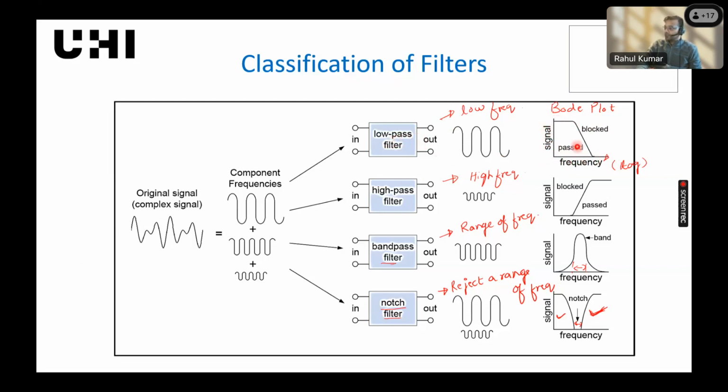So a low pass filter, it will allow all the low frequencies with same amplitude. You can see. Okay. So these are the different frequencies which it is allowing low frequencies to pass, and they have the same amplitude.